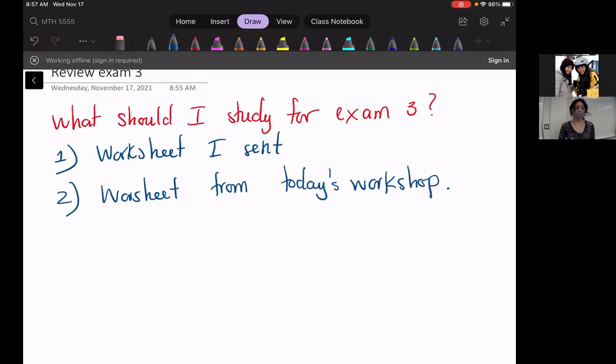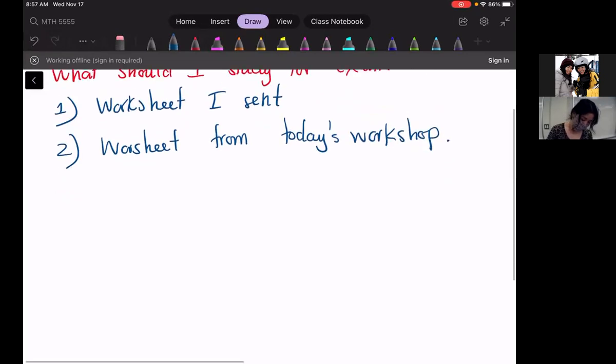And they're very similar. I called it review number 1, review number 2. I'm going to give you the solution too, but some problems are the same as worksheet number 1, so you won't see the solution there. Just take a look at the other one.